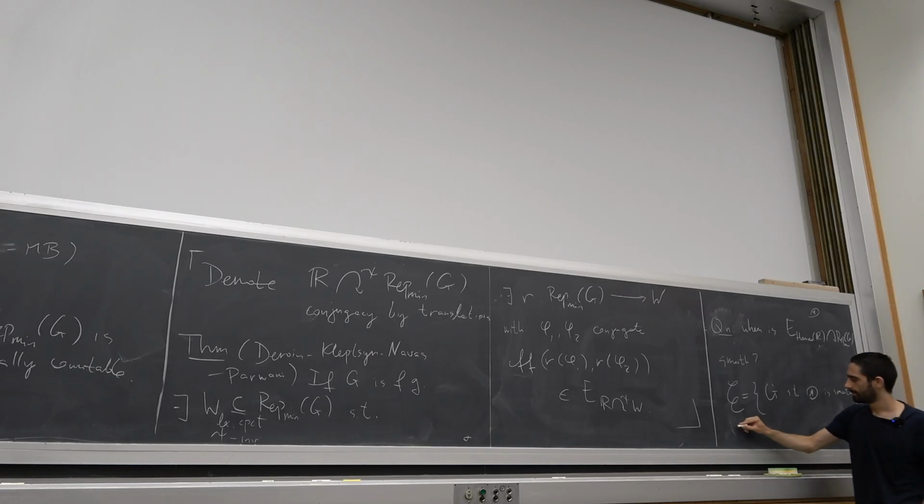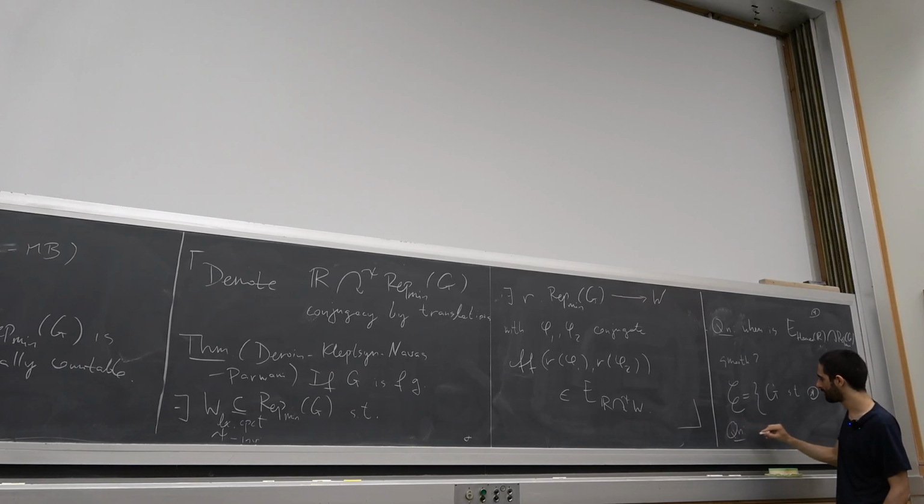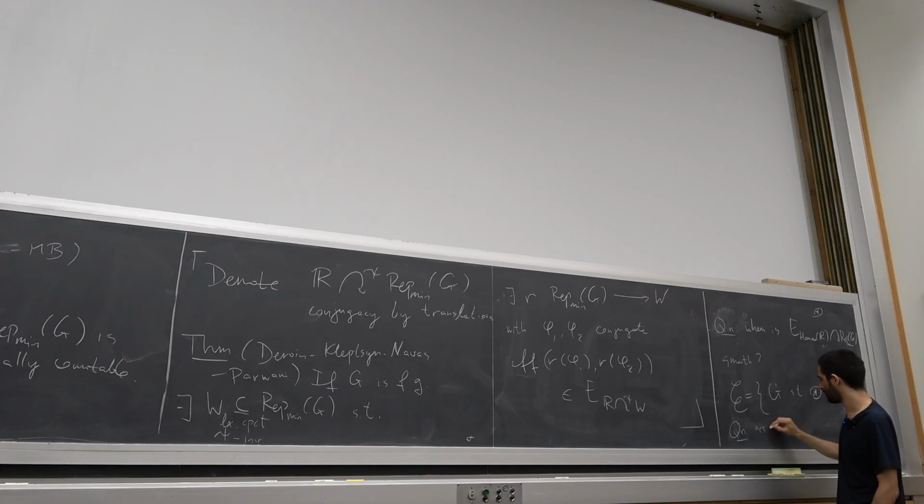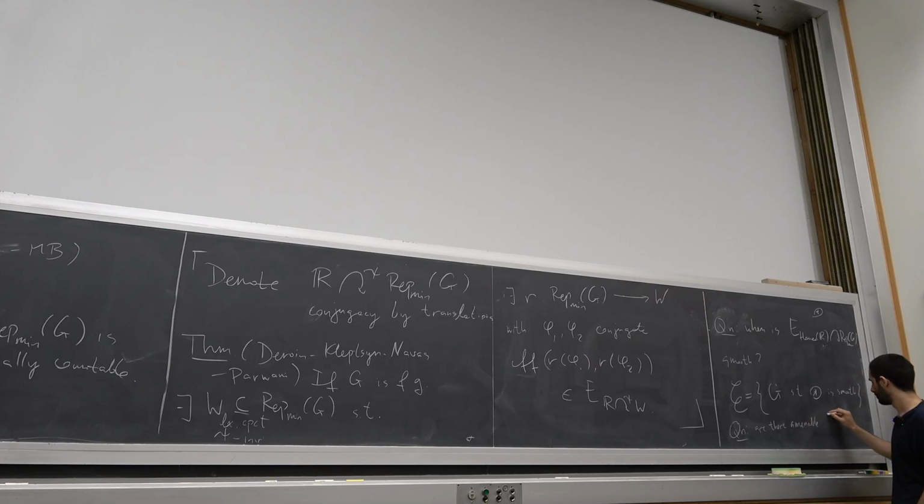For instance, no amenable group is not in C. Amenable left orderable group.